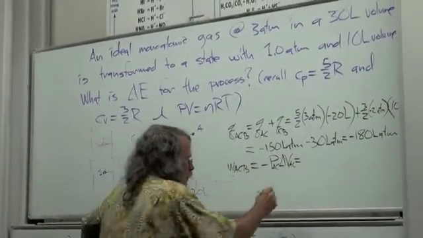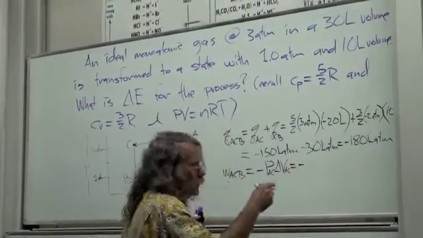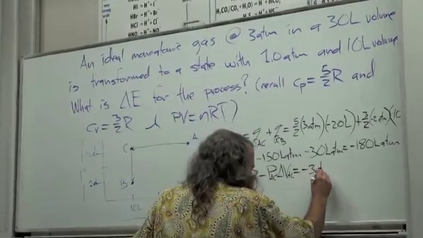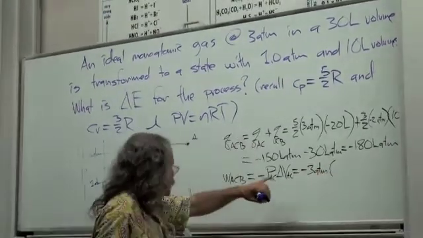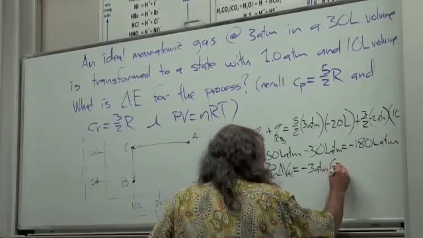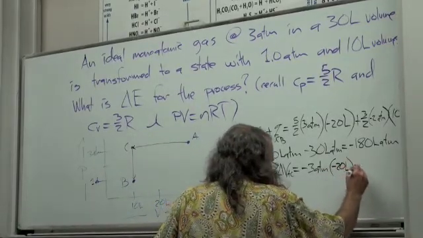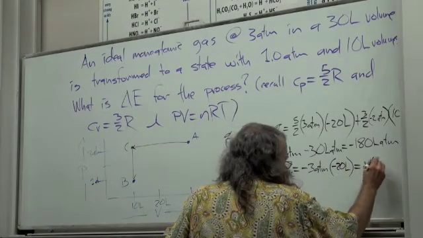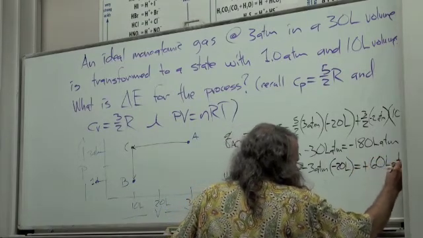What's the pressure? Minus 3 atmospheres times delta V, negative 20 liters, equals plus 60 liter atmospheres.